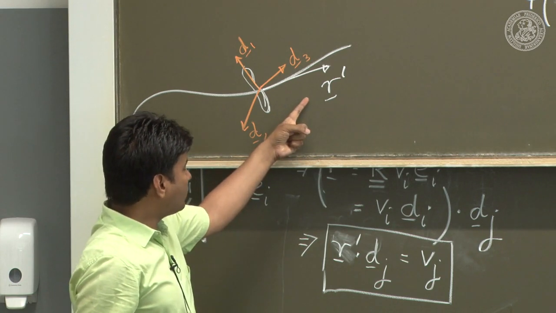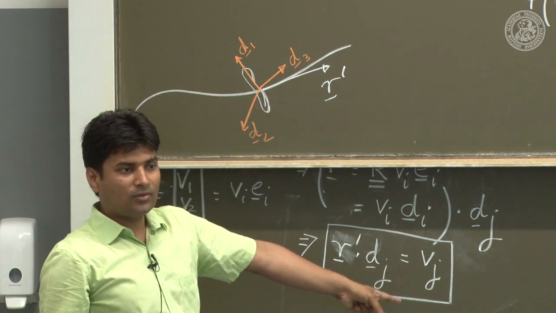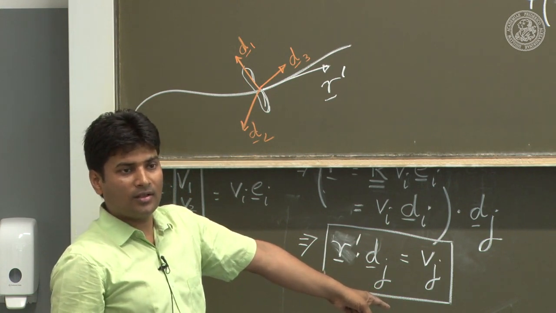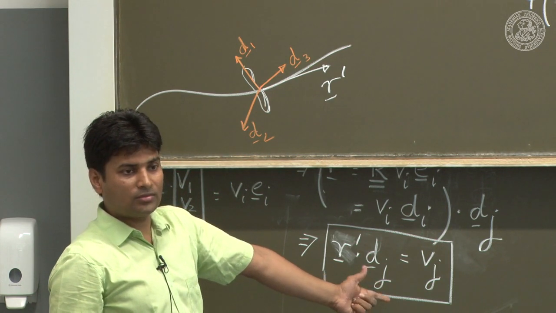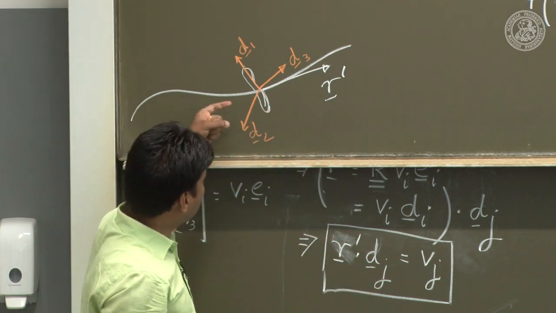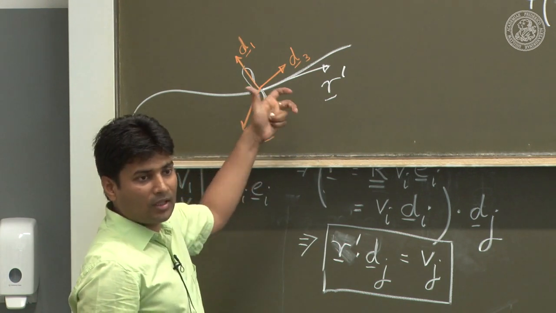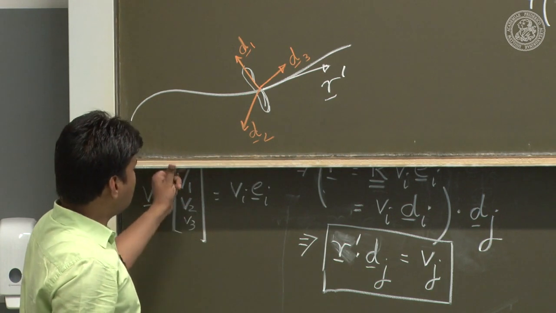The component of r prime along the directors, those are your Vj's, isn't it? So it has some meaning. You have to resolve your tangent vector in the local basis.